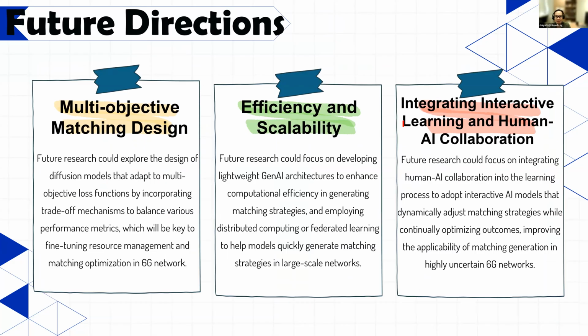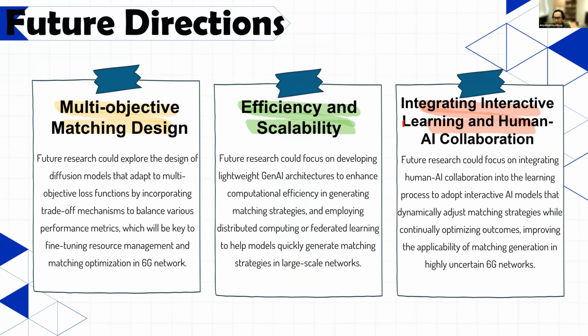There are different research directions where we can employ multi-objective matching design, where we can explore the design of the diffusion model that adapts to multiple objective loss functions by incorporating a trade-off mechanism to balance different performance metrics. For example, it could be the delay, throughput, and quality of the output.